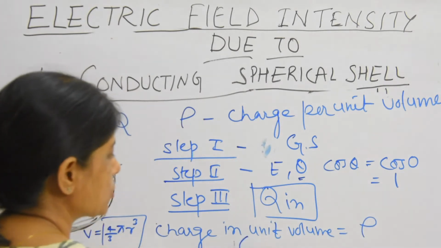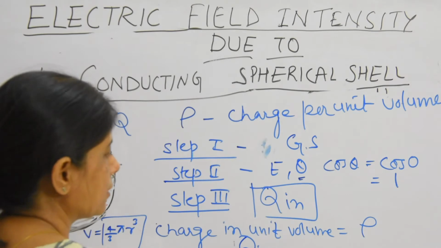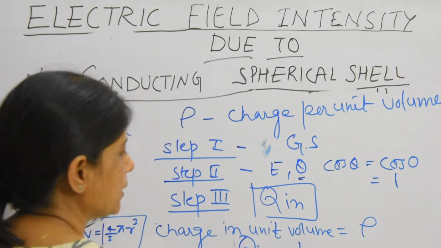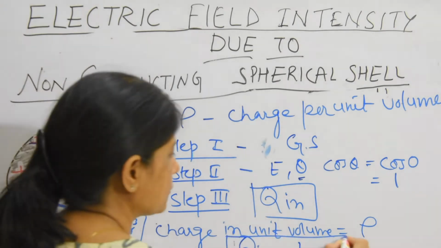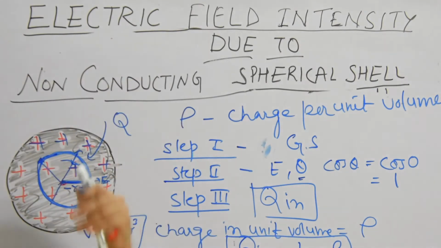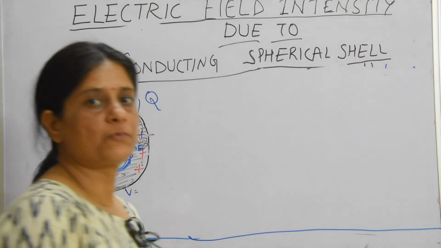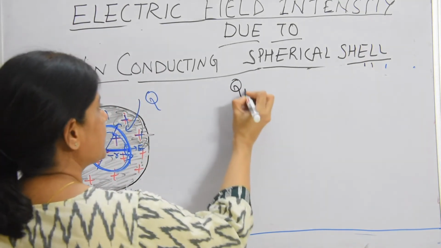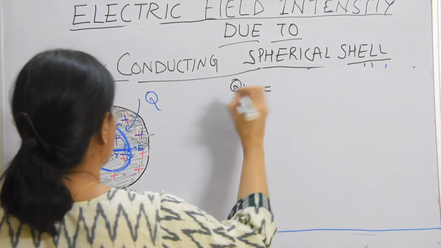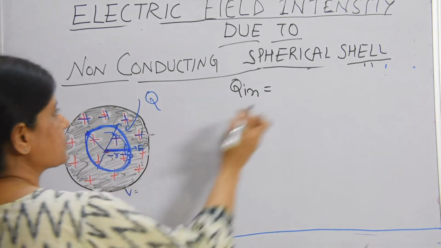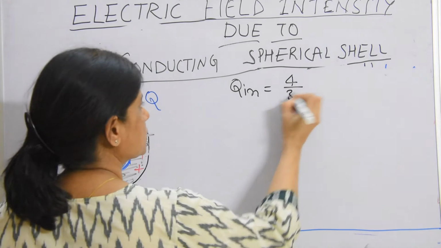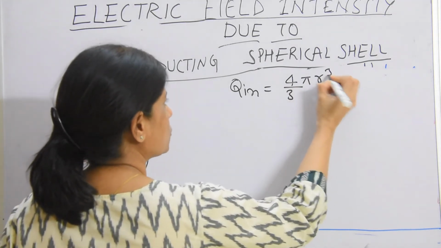Charge Q inside would be 4 upon 3 pi r cube into rho. This is the value of charge inside the Gaussian surface.